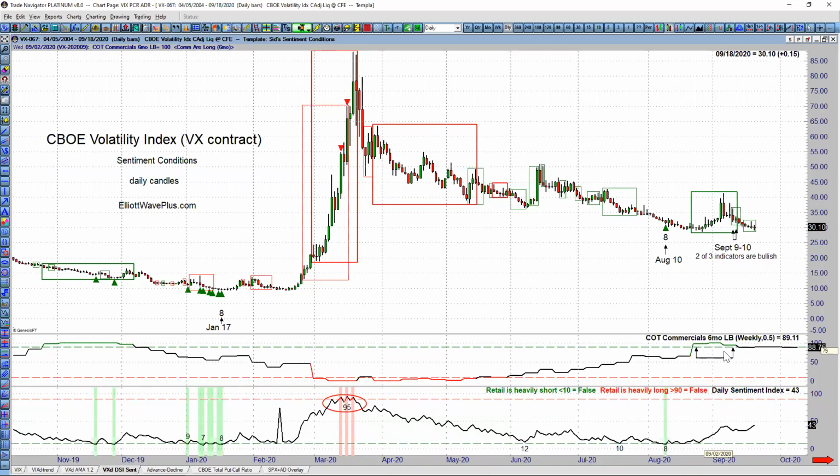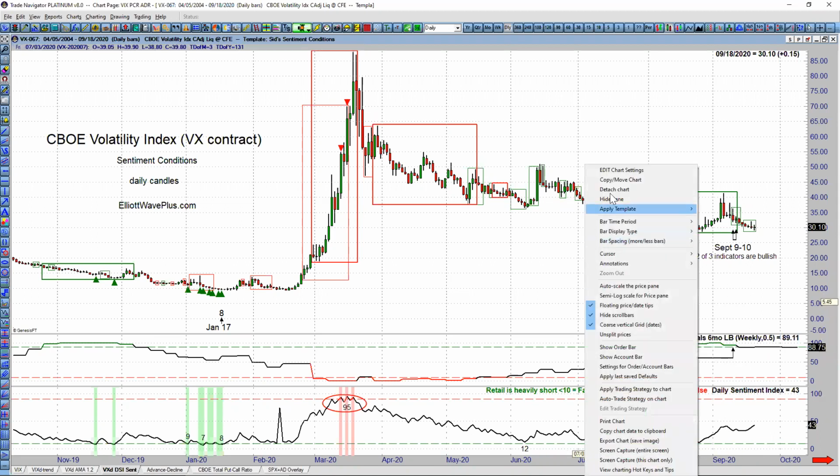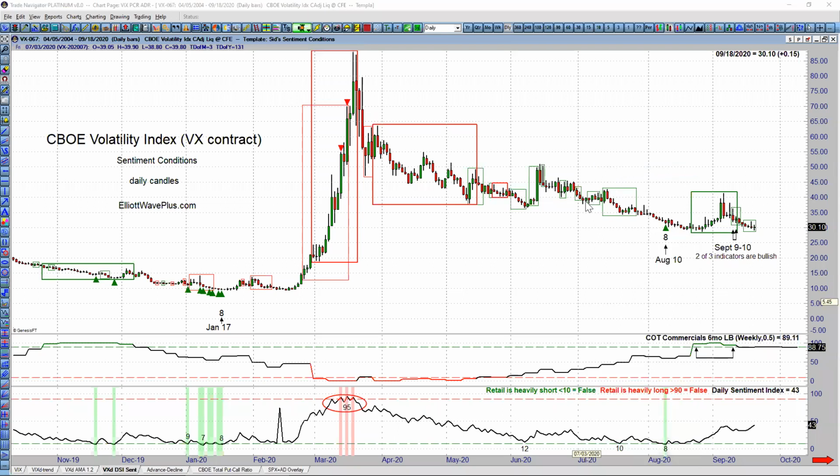Commercials on a 6-month look back appear to be quite long on the VIX. And just a few days ago, we had a situation where commercials were heavily long on the VIX on a 6-month look back, and heavily long as a percent of open interest, which I'm not showing as an indicator, but it's back behind here, I believe.